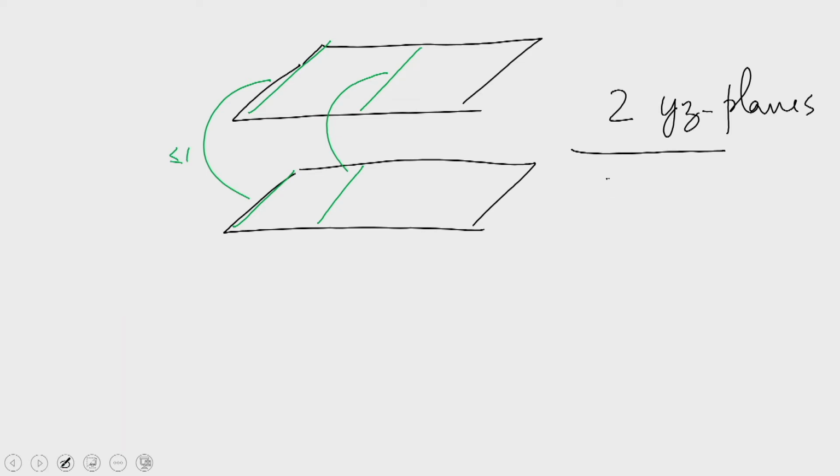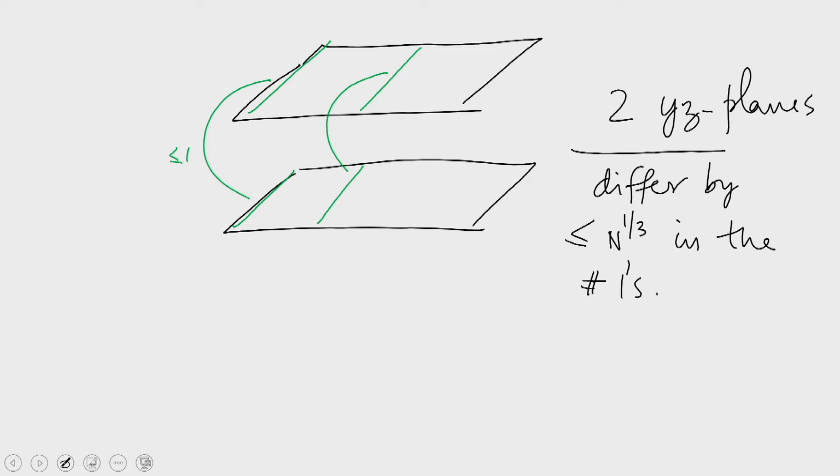These two yz planes differ by at most n power 1 by 3 in the number of ones. That is because every yz plane is made up of z lines.